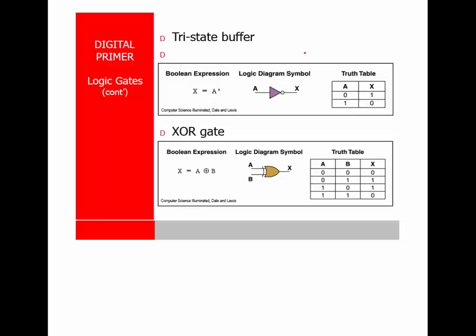All right, something that is very important to this class, and probably not discussed very much before. This is kind of an interesting thing: that slide is messed up. It says tri-state buffer, but that's actually a NOT gate, or an inverter.